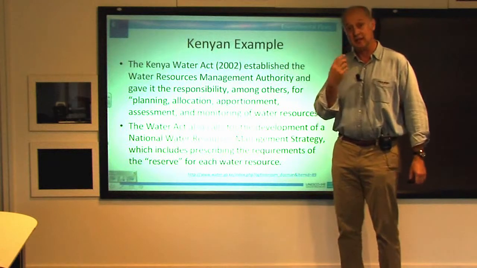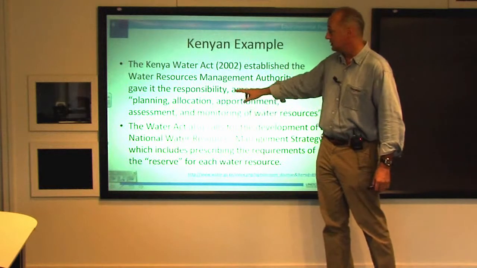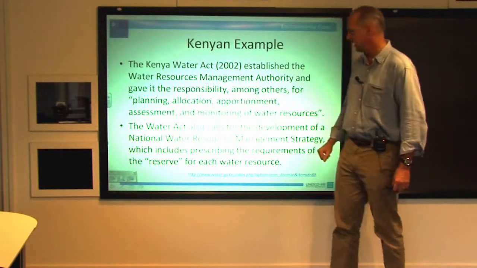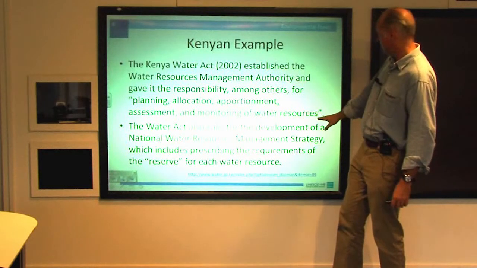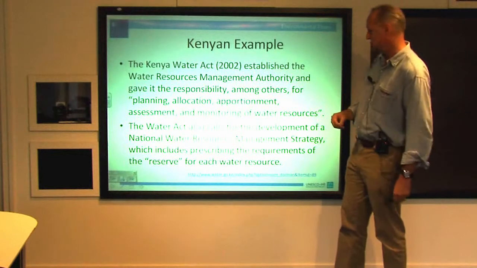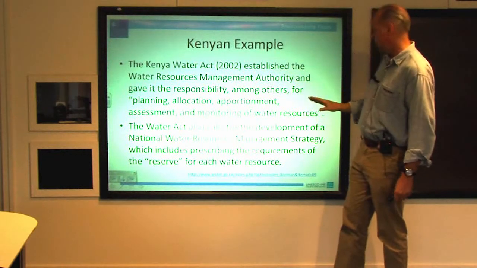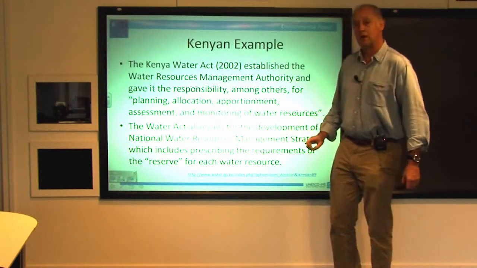And clearly indicated among the strategies required to achieve that objective was the call for the National Water Resources Management Strategy to be developed, which includes prescribing the requirements of the reserve for each water resource.